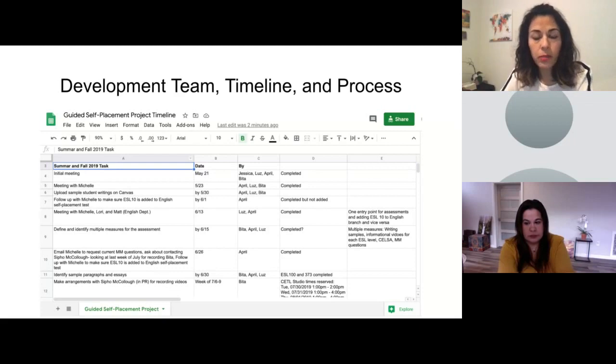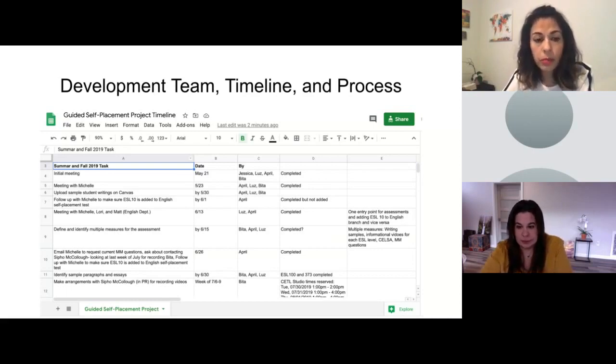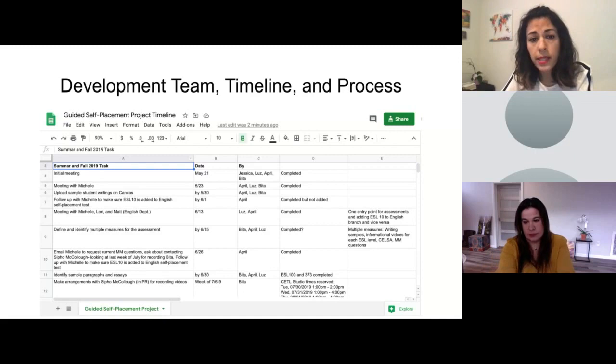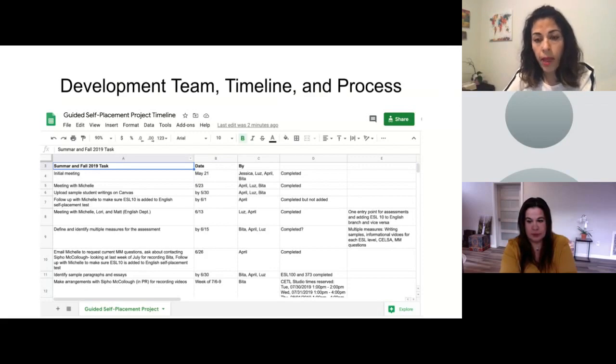So we formed a community of practice, a group, and we started with a timeline. We typed up all the tasks that needed to be done with the December 2018 deadline in mind, and we worked backwards.